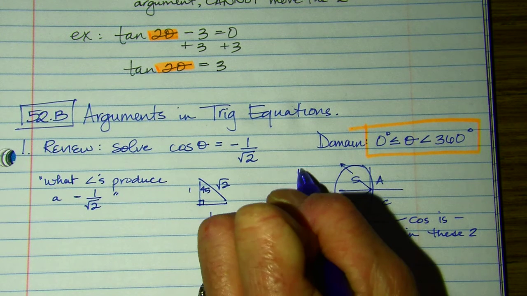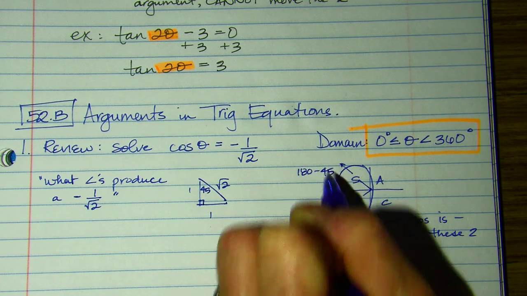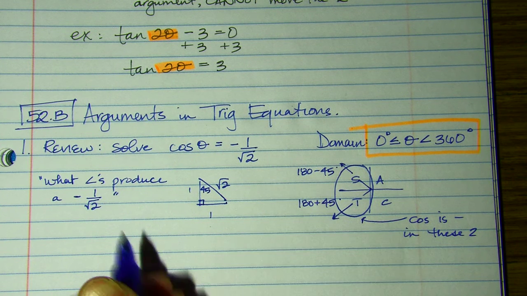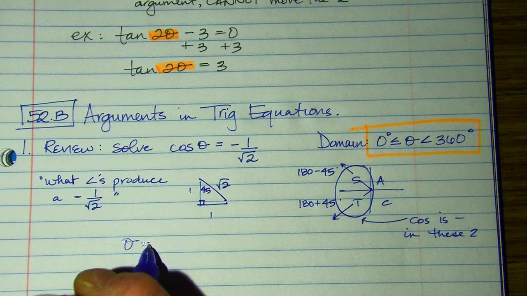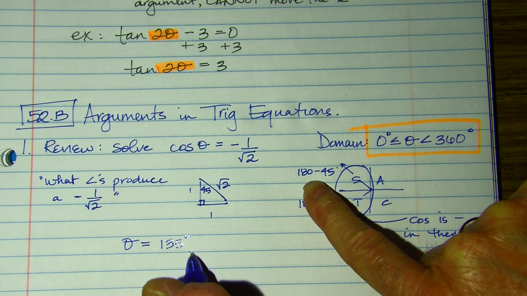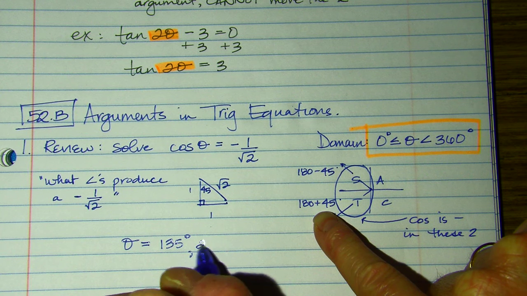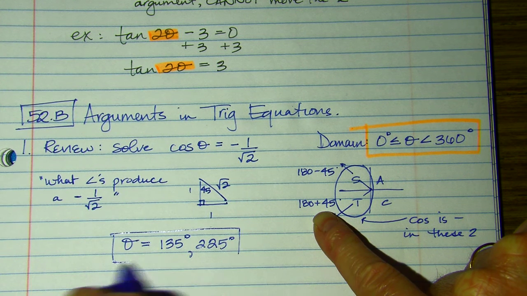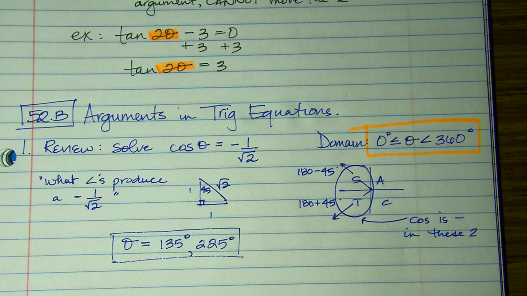This quadrant would be 180 minus 45, and this quadrant would be 180 plus 45. So my theta could be 2 possible angles. 180 minus 45 is 135. 180 plus 45 is 225. And so those are the 2 solutions that would produce a -1 over root 2.